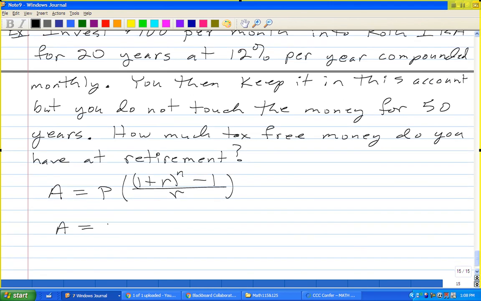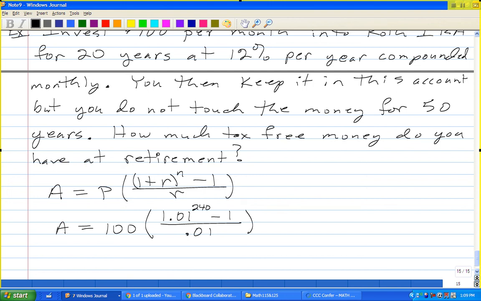So you put in $100 per month, and every month you get 1%. So 12% divided by 12 is 1%. And so it's 1.01, and you do this for 20 years. 20 times 12 is 240, over 0.01. Okay.